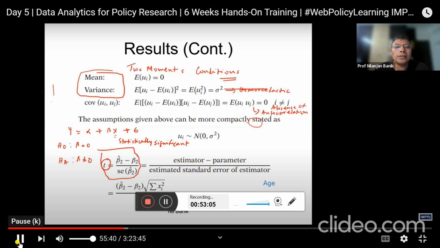If the T statistic of the beta is not statistically significant, it implies X is not influencing or having any impact on the variability of Y. So keep that in mind. Any question, guys? Please ask questions.